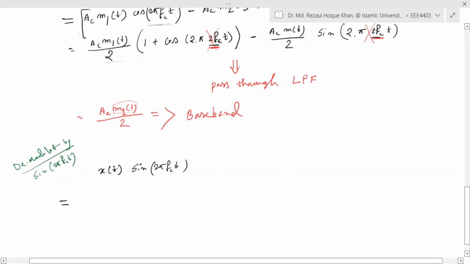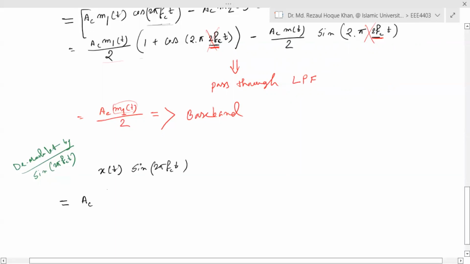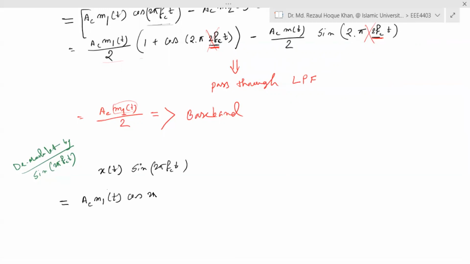What is x(t)? x(t) is nothing but our received signal: Ac m1(t) cos 2 pi fct minus Ac m2(t) sin 2 pi fct.